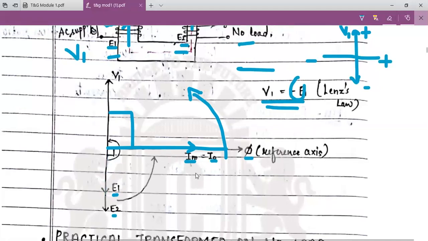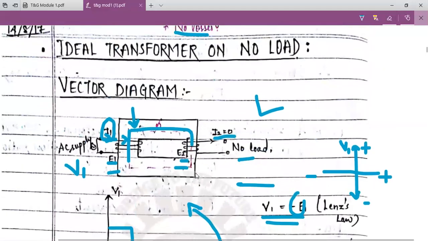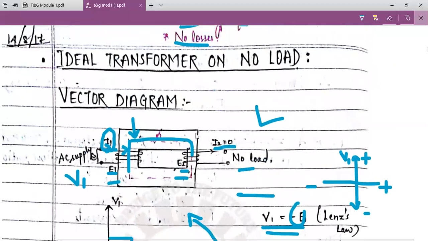This is an ideal transformer. As I said, if the transformer is ideal, V1 is the same as E1. That is, the input voltage is the same as the EMF induced in the primary winding.